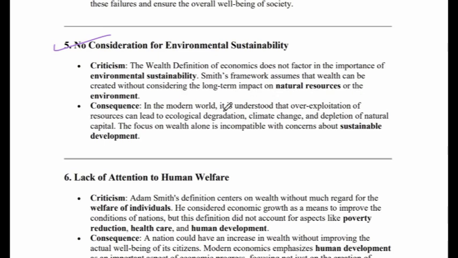In the modern world, it is understood that overexploitation of resources can lead to ecological degradation, climate change, and depletion of natural capital. The focus on wealth alone is incompatible with concerns about sustainable development.